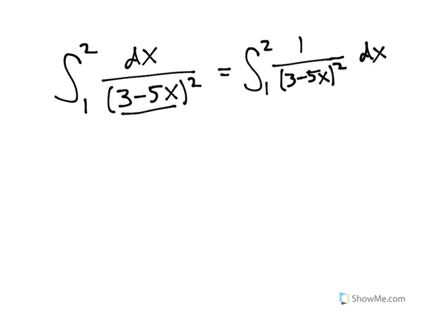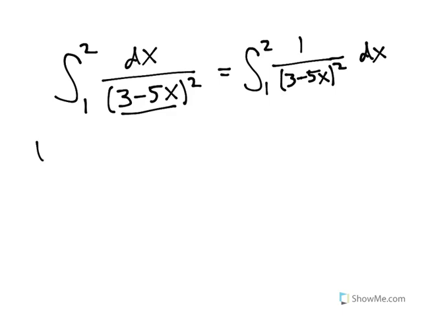Notice inside your function is a linear function, and when we identified earlier an inside function, what we said is, does the derivative of the inside function also show up on the outside? And remember, in our last example, we could have been off by a constant or coefficient there.